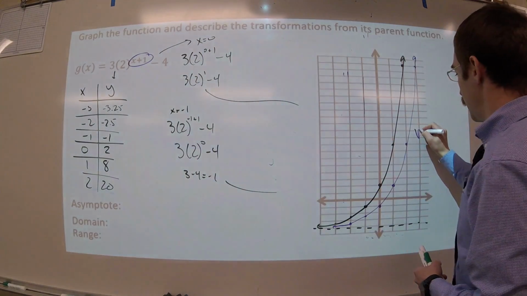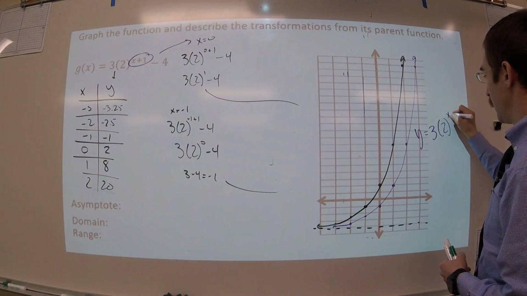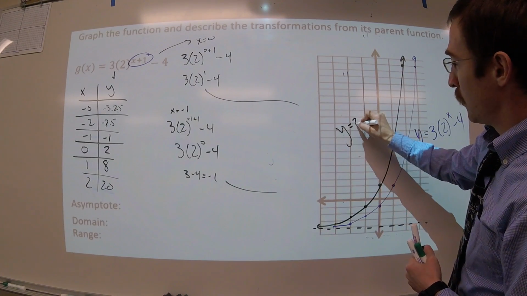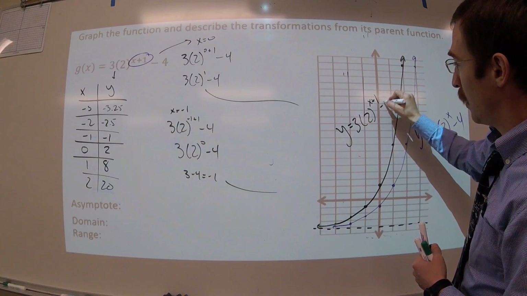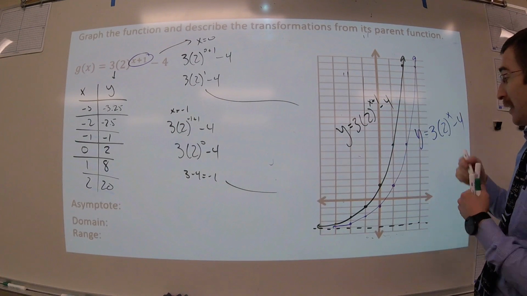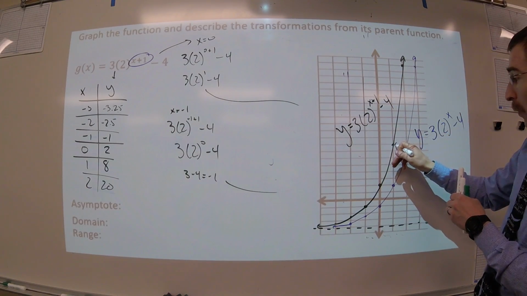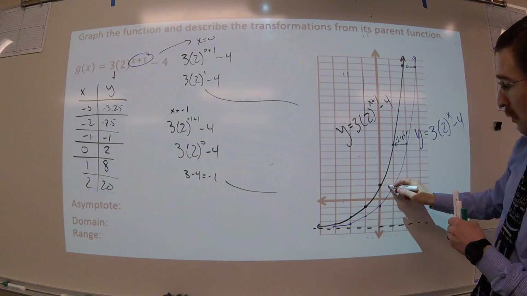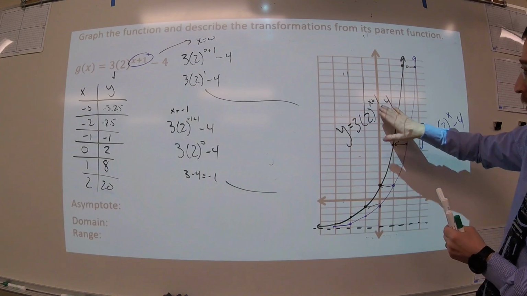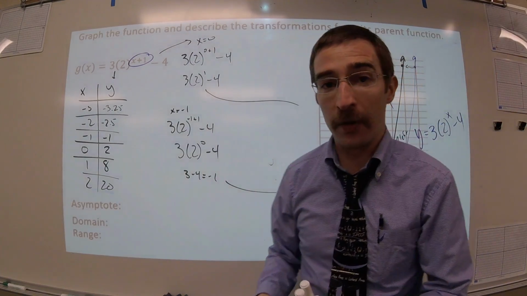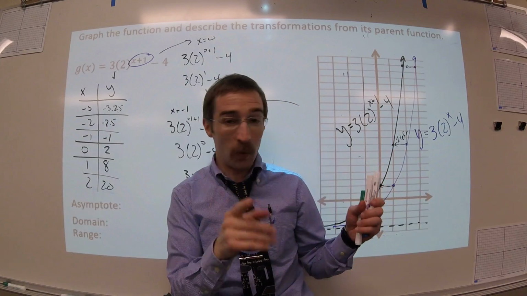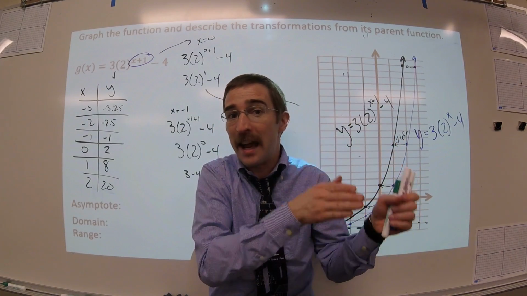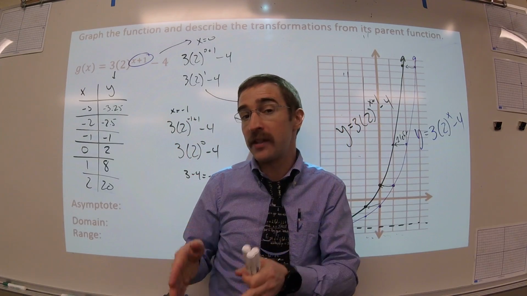This is y equals 3 times 2 to the x minus 4. This graph here is y equals 3 times 2 to the x plus 1 minus 4. What happened is every point went one left. This plus 1 on the exponent, when we change our x input by plus 1, the inputs can now be 1 smaller to achieve the same output.